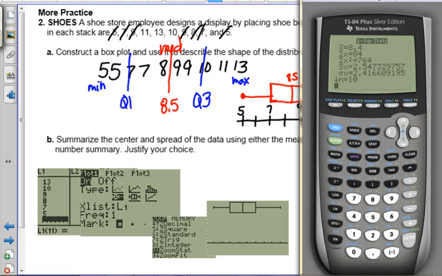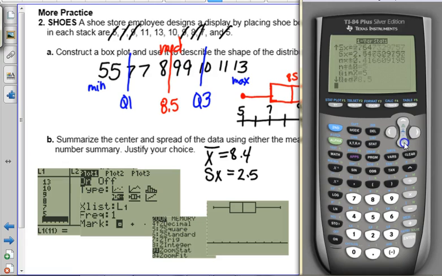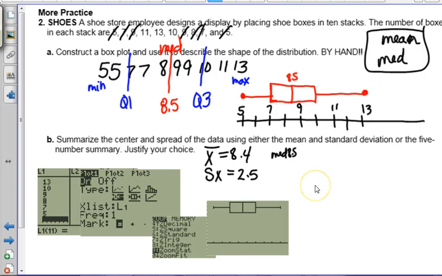Okay, the mean is 8.4, and the standard deviation, if we call this a sample, is 2.5, right? If we scroll down, what's the median? We already knew that. 8.5, right? So the mean and median aren't very far apart, meaning it's not really very skewed. So we could use either one, okay?